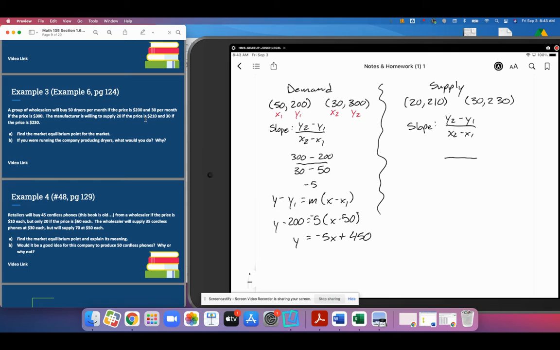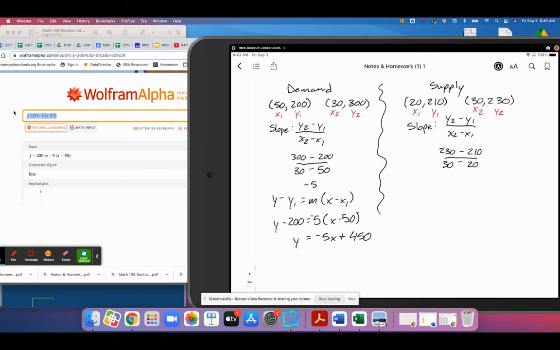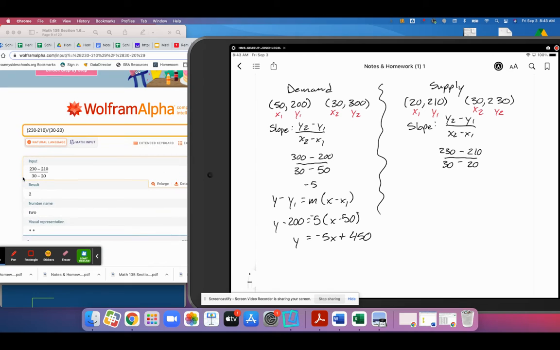First I need to label my points so I don't make silly mistakes. And so here we've got y2 is 230, y1 is 210, x2 is 30, x1 is 20. And so giving that to Wolfram, let's see what we end up with here. With that, we get a slope of 2.